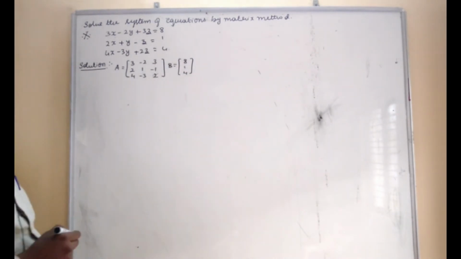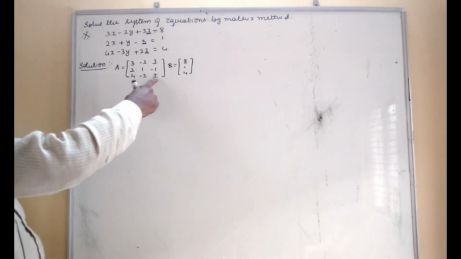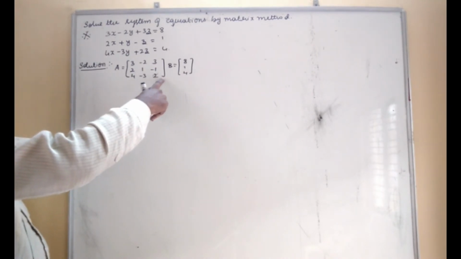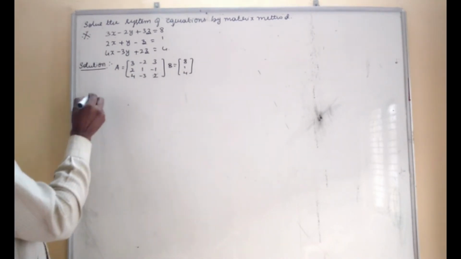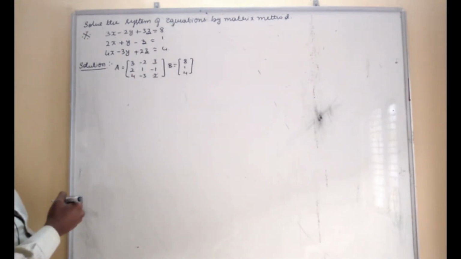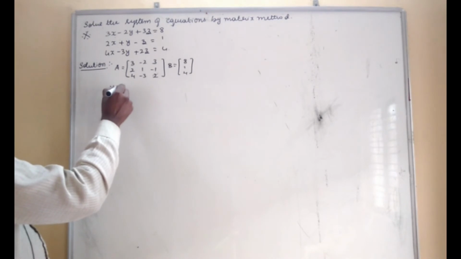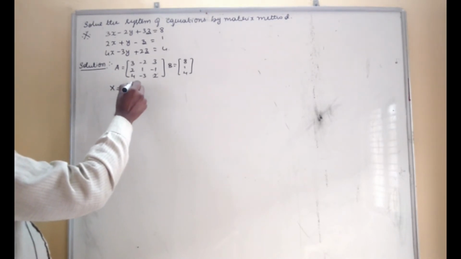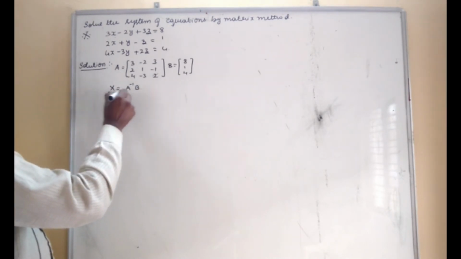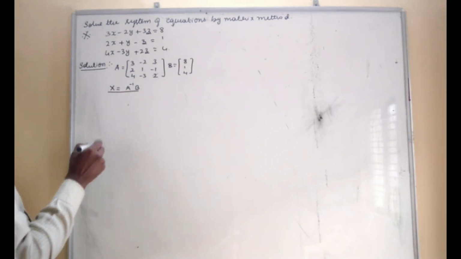The matrix is of order 3 cross 3. Now you have to solve by using the matrix method. There is a formula for the matrix method: X is equal to A inverse into B.